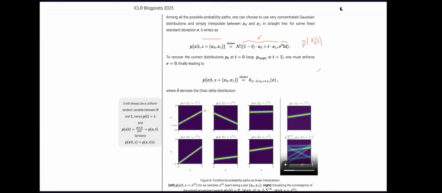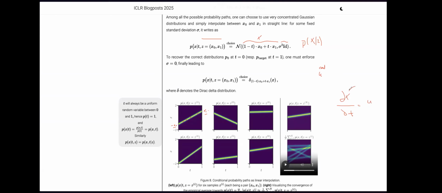Okay. So if this is the x, what is the conditional u? Conditional means only tied to this specific draw of x0 and x1. What is the conditional velocity? Well, if you remember, dx/dt was u.